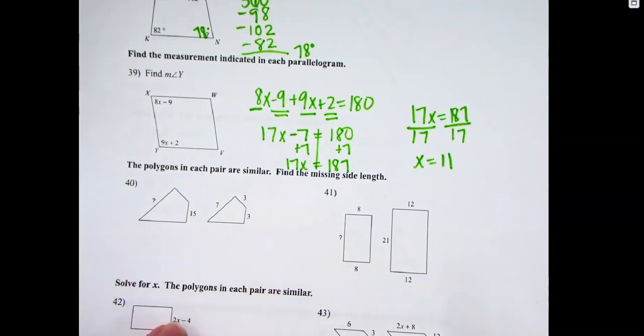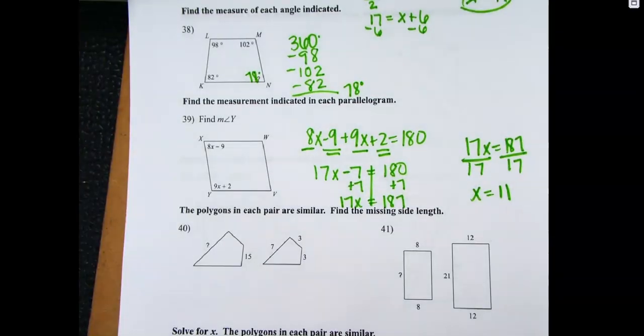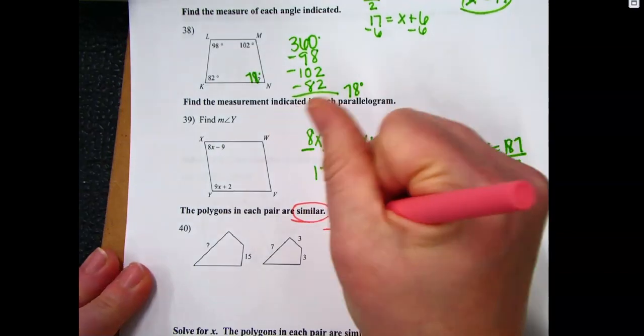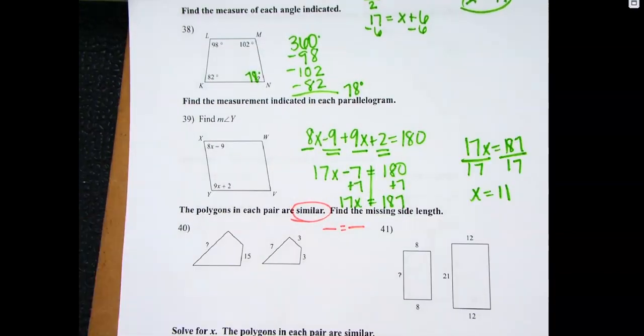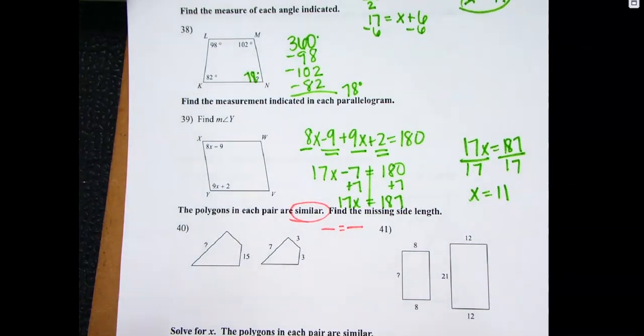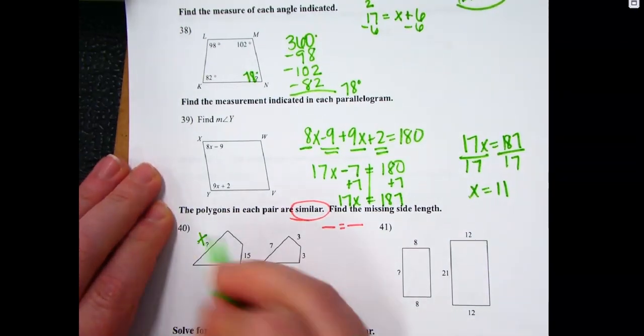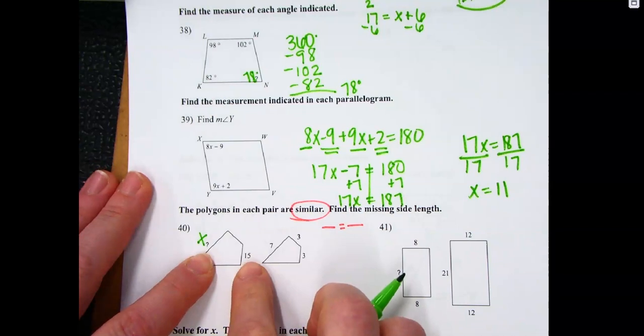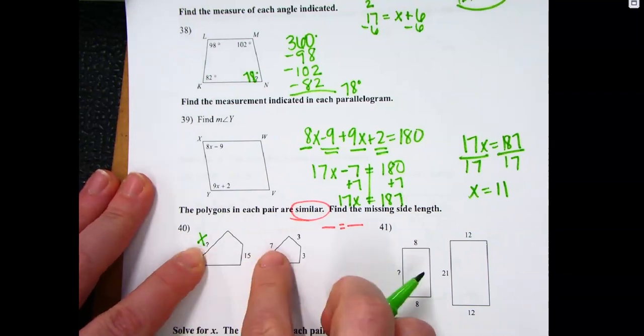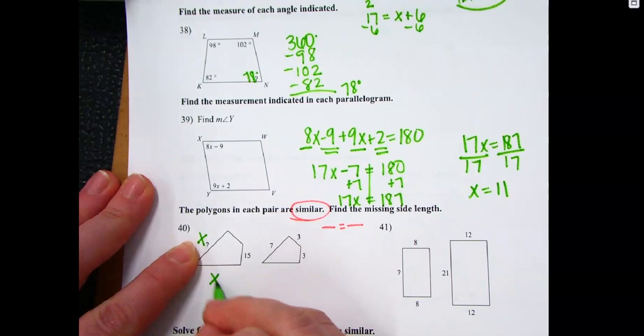Perfect. On this next one, we're talking about similarity. Remember, anytime you talk about similarity, they are going to have the same ratio. So you can set up your fractions, your ratios, and you can do the butterfly method and cross multiply. So we have to make sure we are using the corresponding sides. So this unknown is going to be my x and our 15. X corresponds to 7, so I'm going to have x over 7.